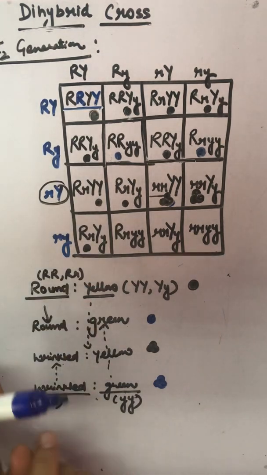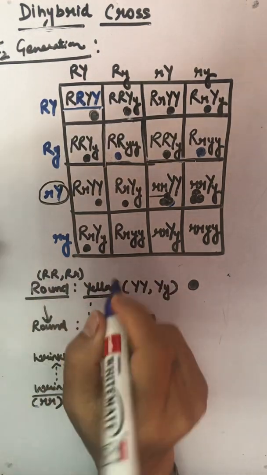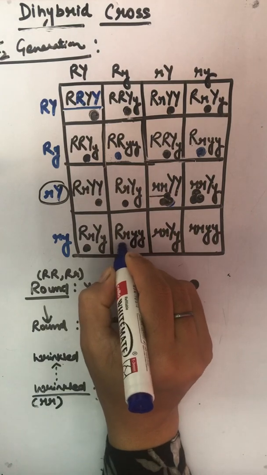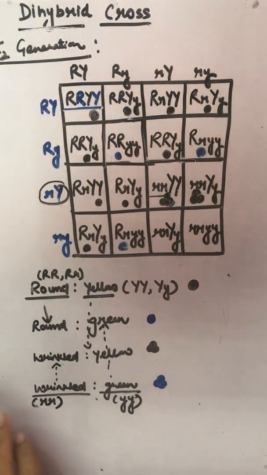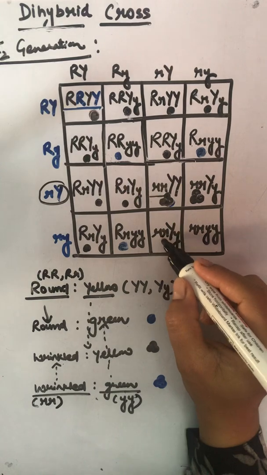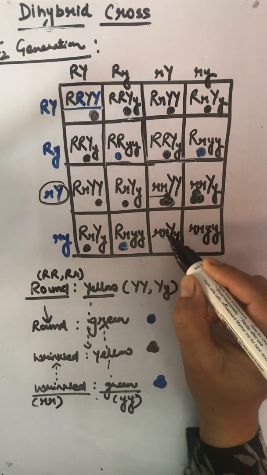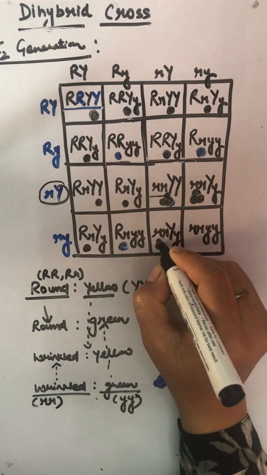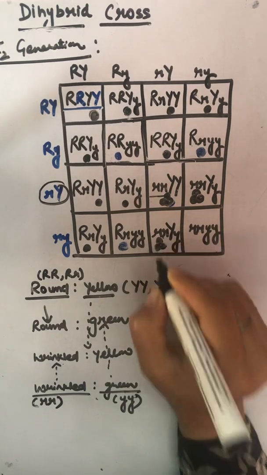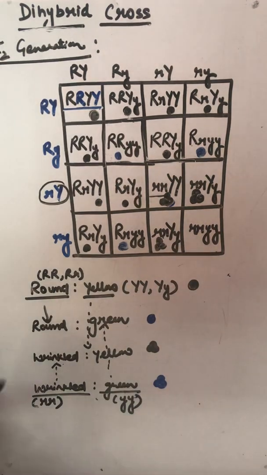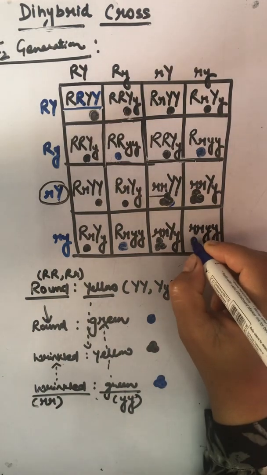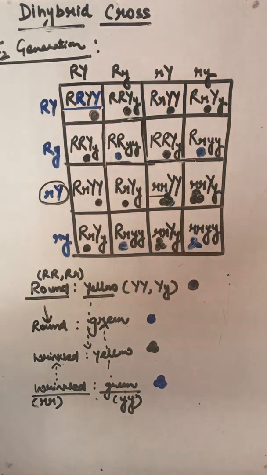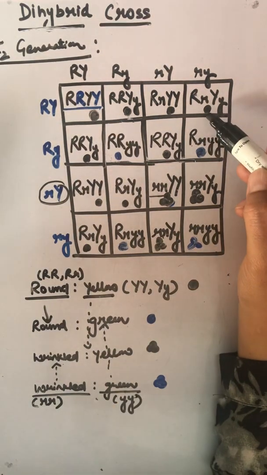But round and green has this color code. And for wrinkled yellow, we have this shape and color. For wrinkled green, we have completely this shape and color.